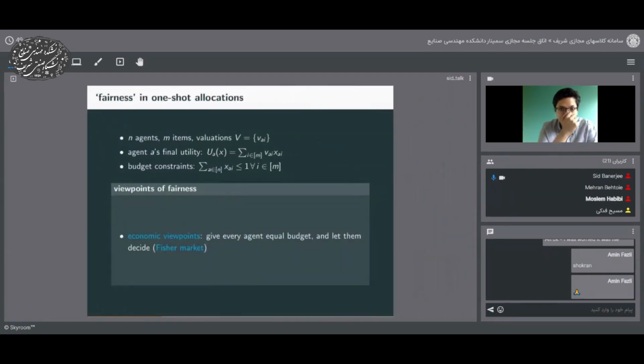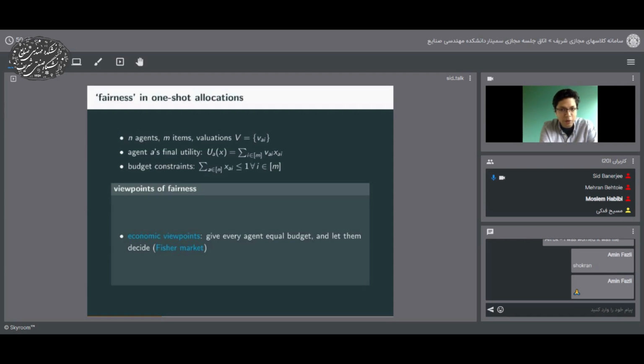Here's a completely different view of how you can try to make sure that allocations are fair, which is, don't try to even solve an optimization problem. Instead, just set up a market. So what you can do is take all these agents and give them all an equal amount of some fake currency, some number of tokens, and then let them negotiate amongst themselves.